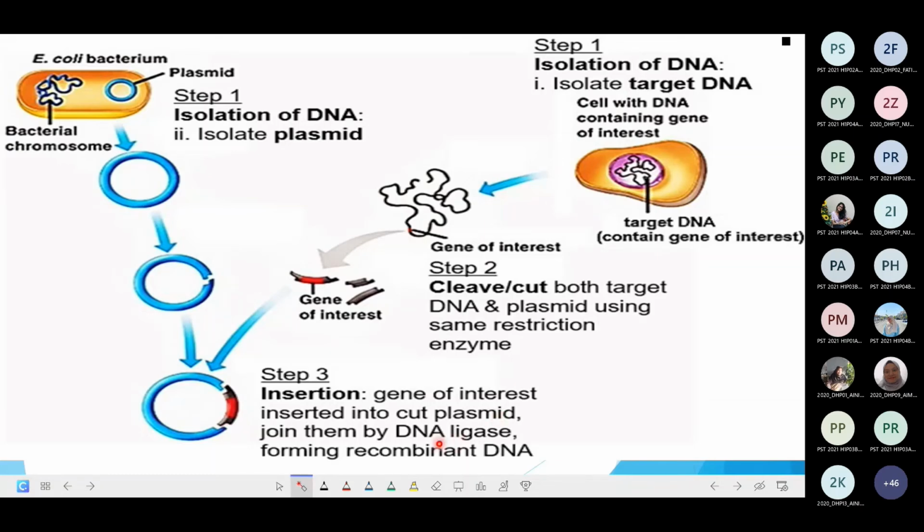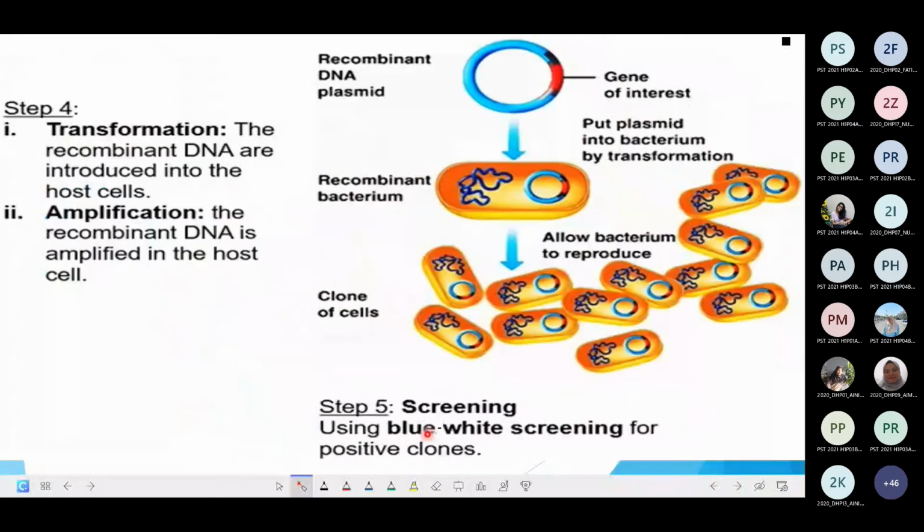How? By using tool number 4, the DNA ligase, a type of modifying enzyme. So by using this DNA ligase, we have joined this gene of interest together with the plasmid, and now terbentuklah.